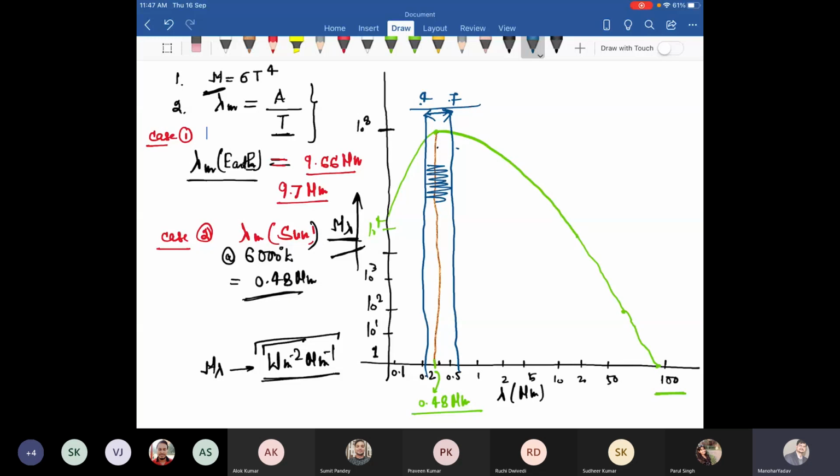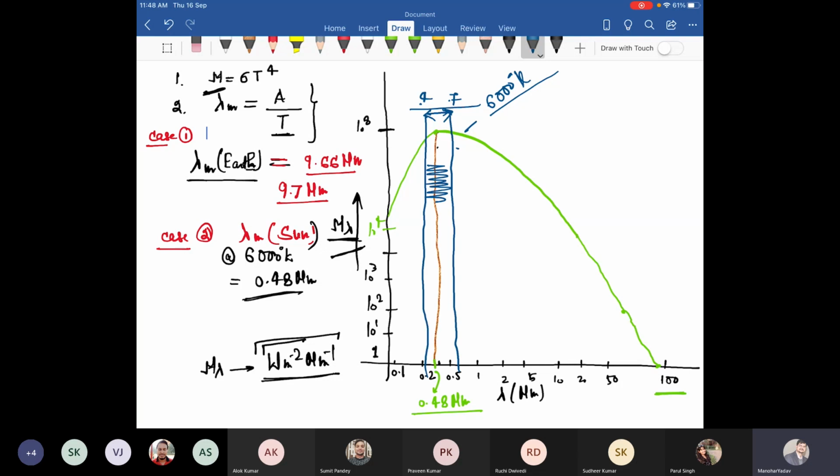Now when we consider this second material, the Sun, where we consider temperature as 6000 degree Kelvin. Now coming back to the second case, the Earth surface, the average temperature is 300 degree Kelvin, and in that case lambda m is calculated as 9.7. So you need to first fix the location of the line.